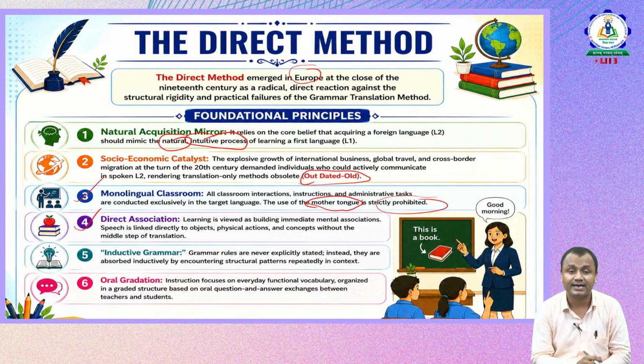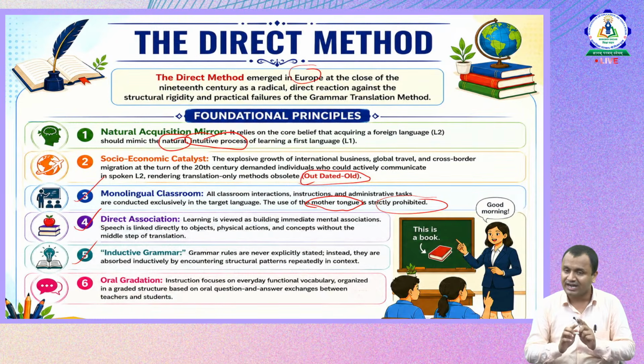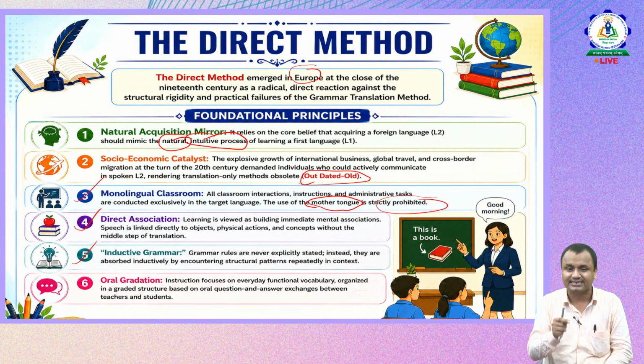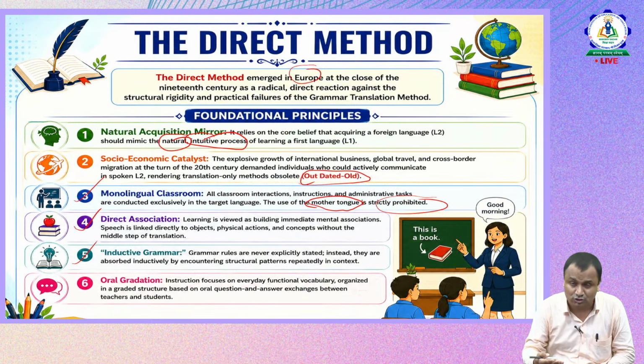Next is inductive grammar. When we teach through the direct method, we never focus on grammatical rules or the direct transmission of the rules. We do not write the rule on the board and ask the student to copy when we teach through the direct method.